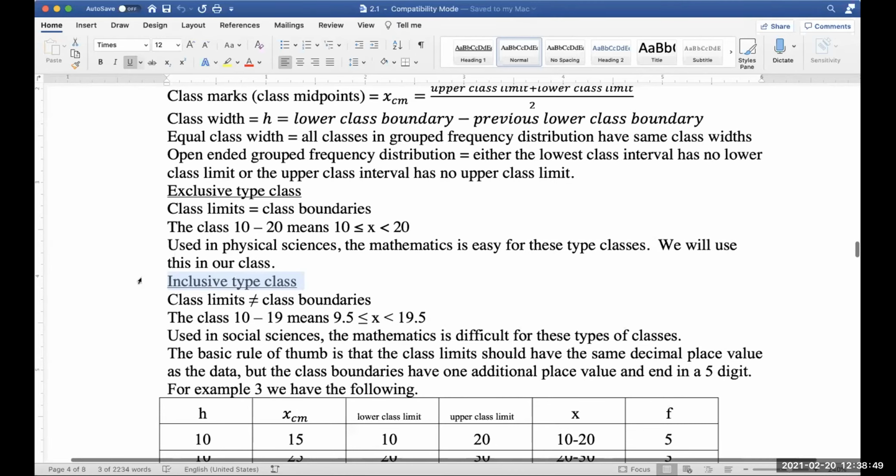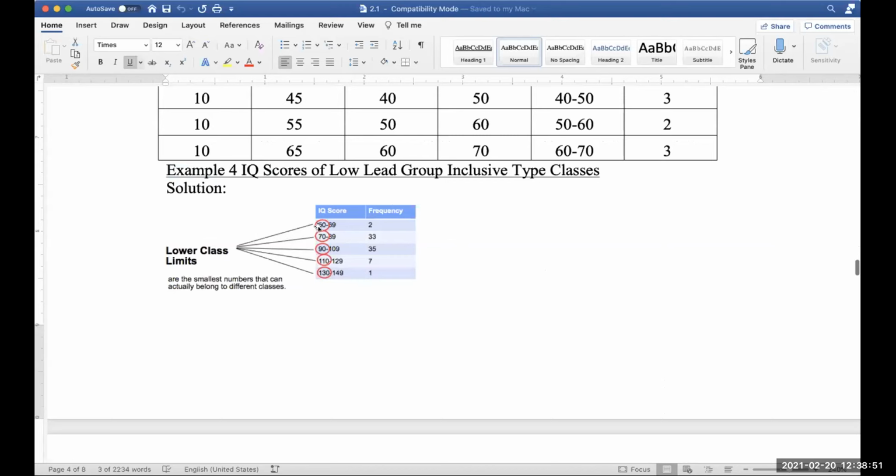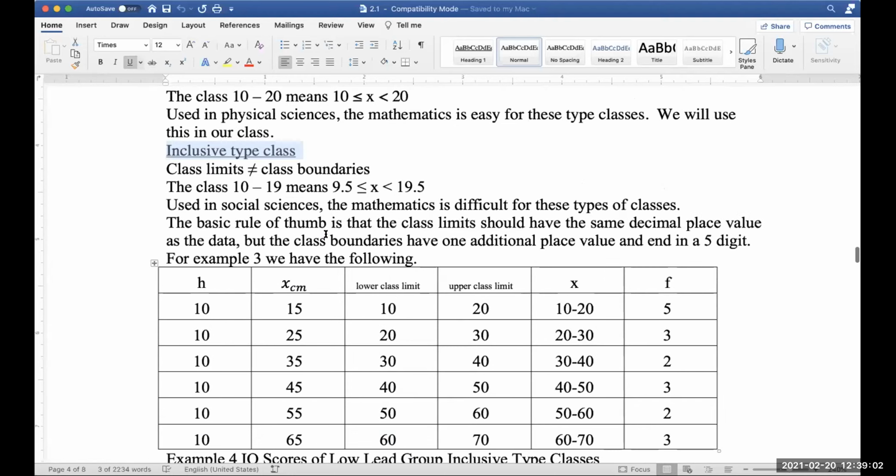And so I could write it as 50 to 69, 70 to 89, etc. And so I could write it in that fashion.